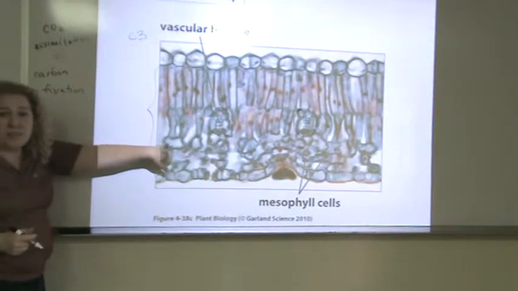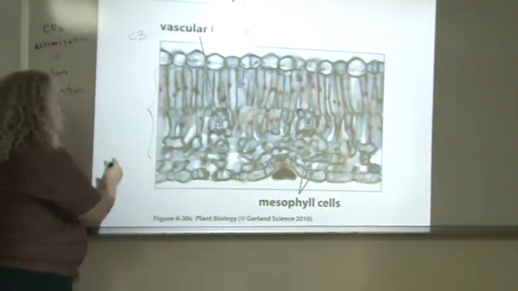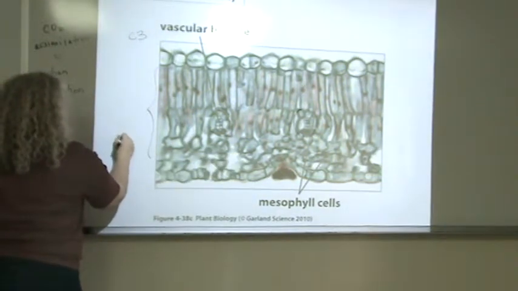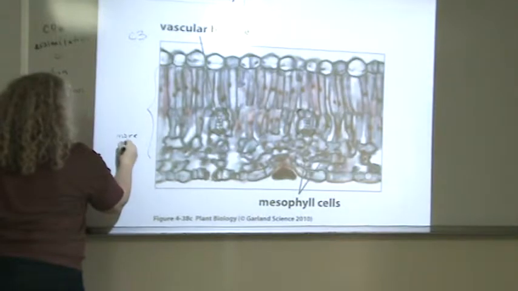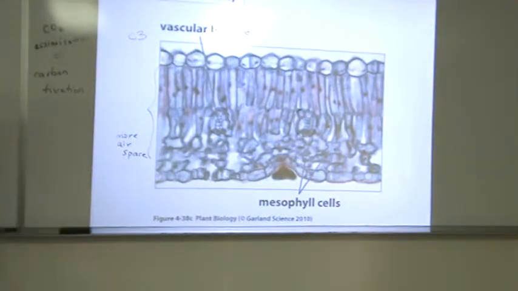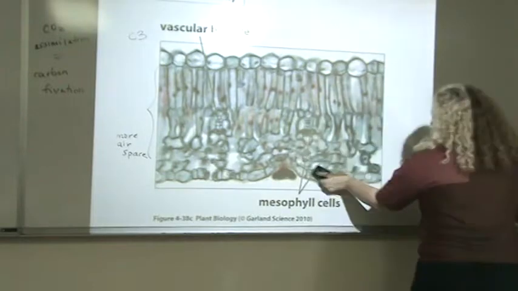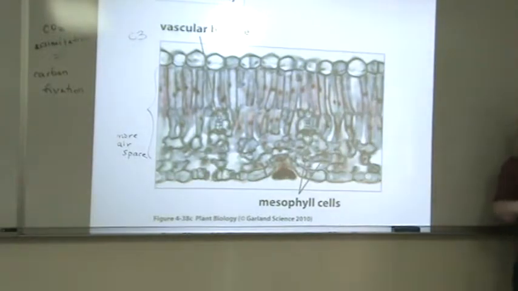And the reason it's spongy is because it's got air pockets all around it. So a C3 leaf has relatively more air space in it. And the air space and what that touches matters a lot to how this operates. What part of this leaf is doing photosynthesis?